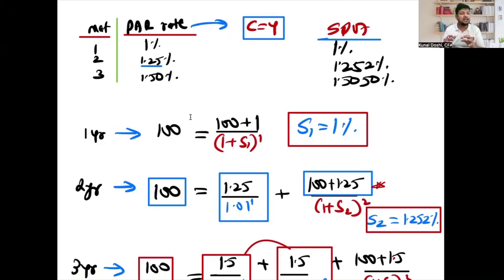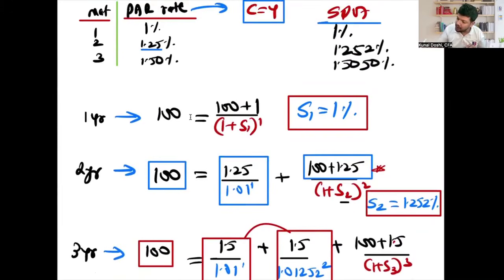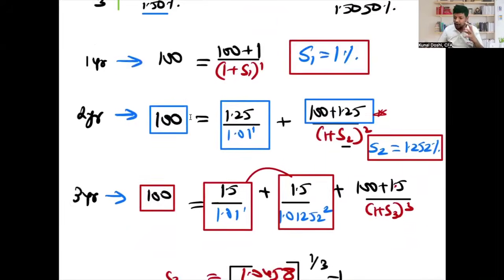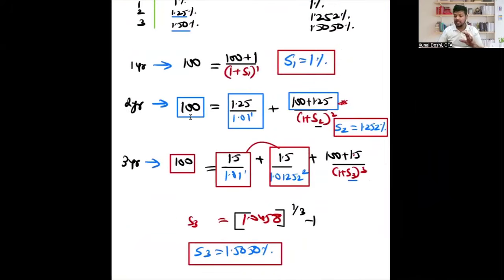What is missing here is the first year spot rate, which I have. By solving this equation, I will be able to find the 2 year spot rate. I'll find the 2 year spot rate first, then use the 3 year par rate. I will consider the coupons for the 3 years, and using the 2 year and 1 year spot rates that we got from the previous step, we will find the 3 year spot rate.